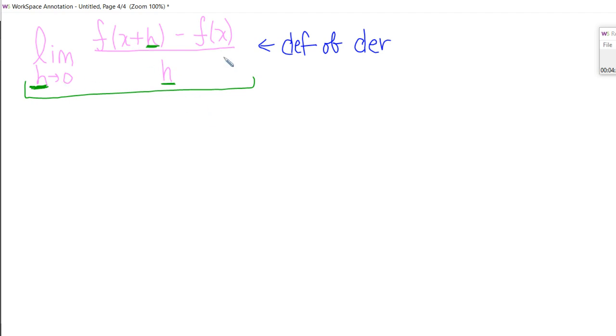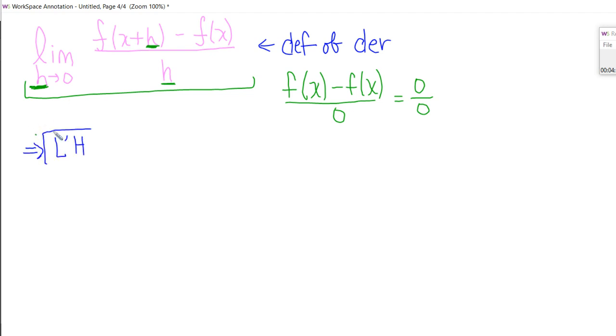So if I were to plug this in, we'll get 0 over 0, but let's reconfirm that. We get f of x minus f of x over 0, which is 0 over 0, which causes us to use L'Hopital's rule, because we have 0 over 0 in my limit.